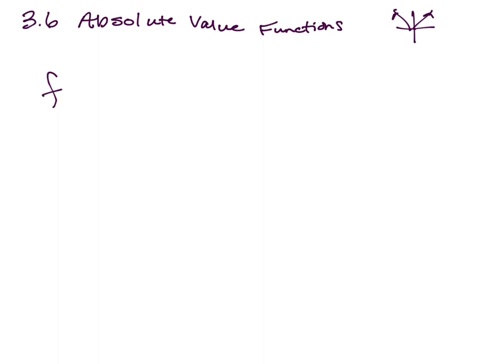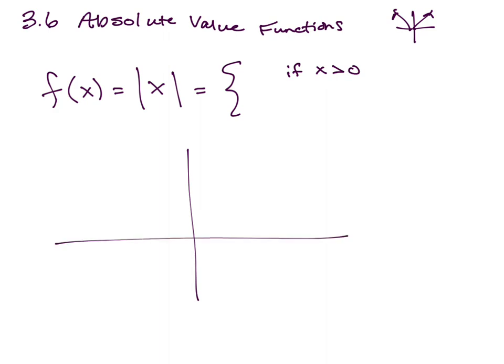I don't know if you guys remember doing the piecewise function, but let's say f of x equals the absolute value of x. That's equal to the function in pieces, 2 different branches. On the right side, we'll call that the place where x is greater than 0. That's this positive area over here.